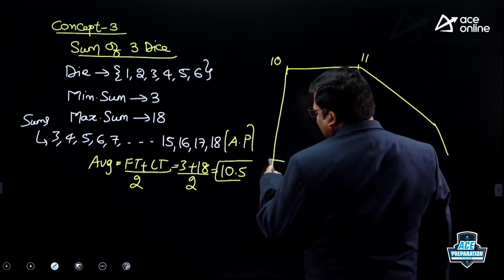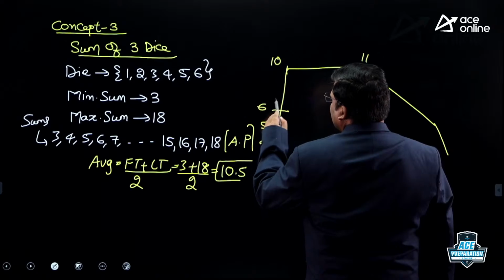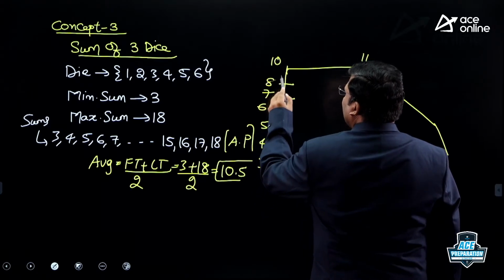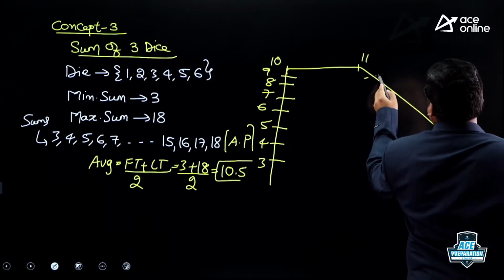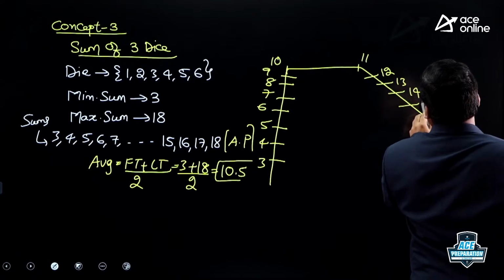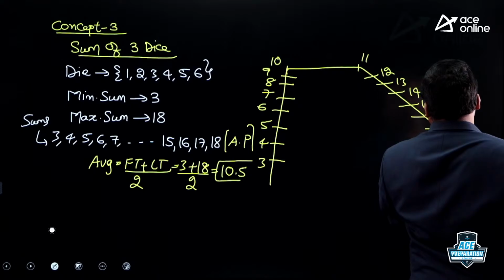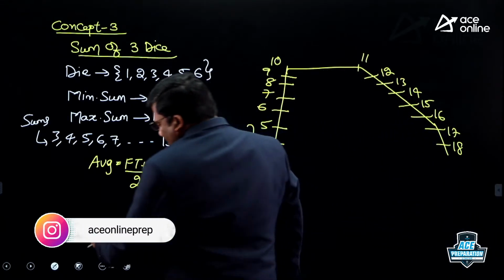What are the various sums? 3, 4, 5, 6, 7, 8, 9, 10 on one side, and 11, 12, 13, 14, 15, 16, 17, 18 on the other. 3 to 10 and 11 to 18.